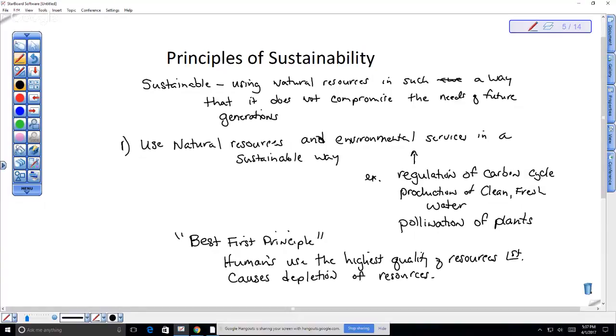And specifically, if something were to happen, then it would be very hard to clean up, okay? So this best first principle is not a principle of sustainability. It's this idea that best is first. So the best quality of resources is that which is first taken, okay? So that's an important distinction to make.